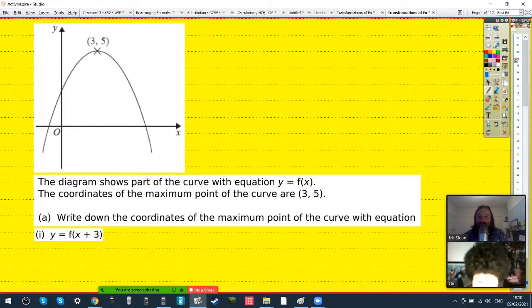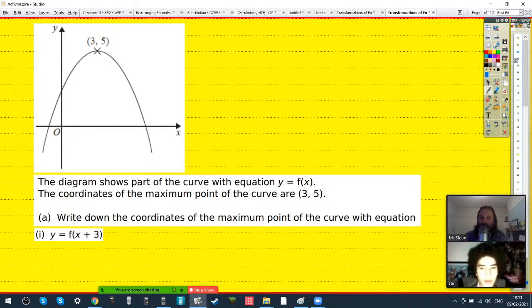Okay, how about this one? y equals f of x plus 3. Well, there's two numbers here. So how would you do it? Is it the x or the y that it affects?